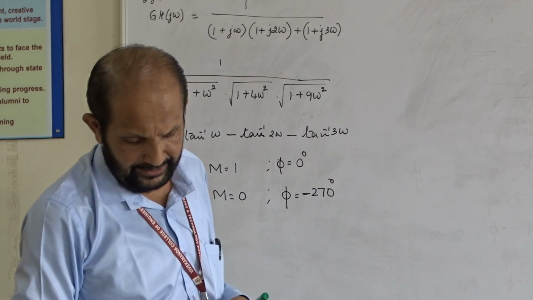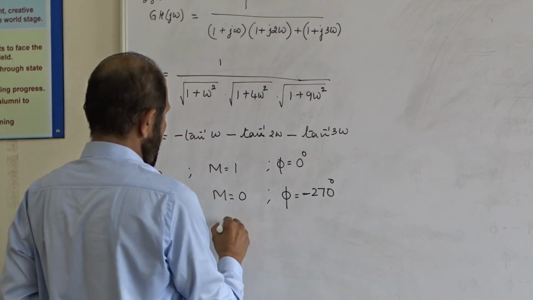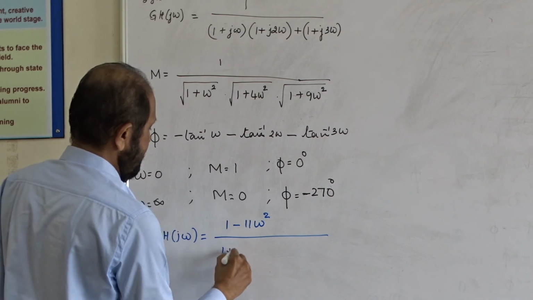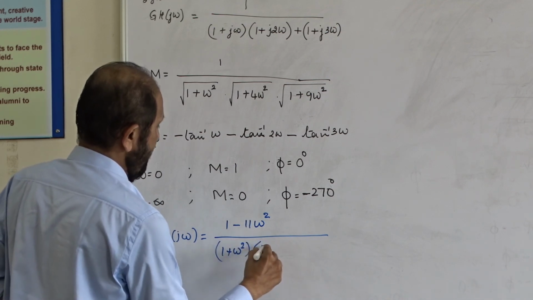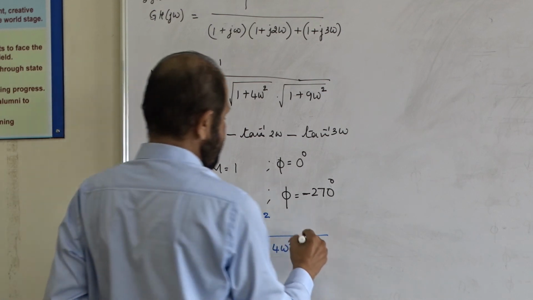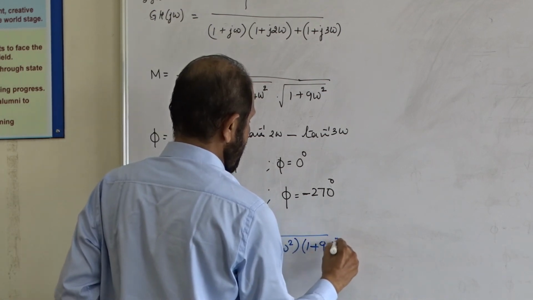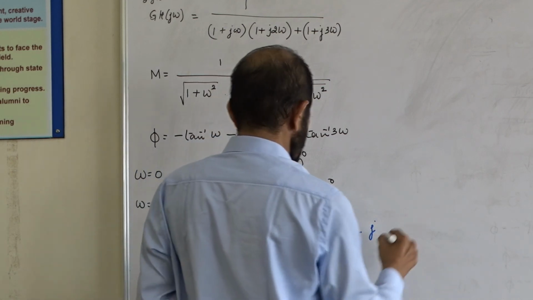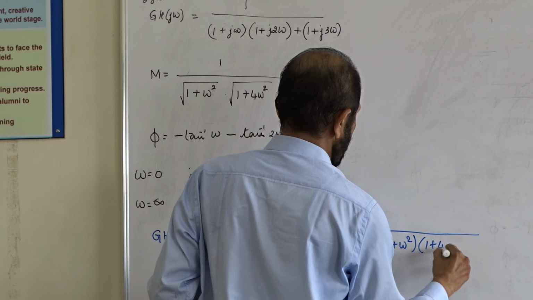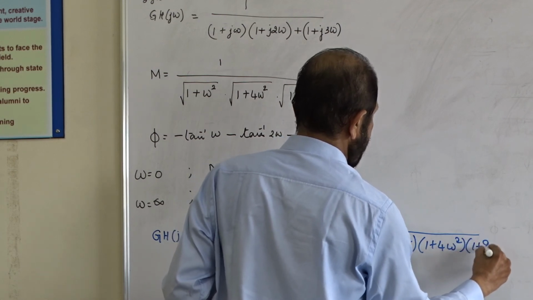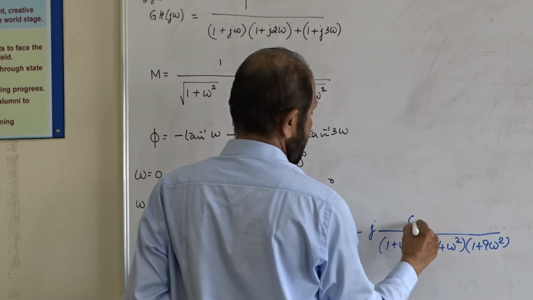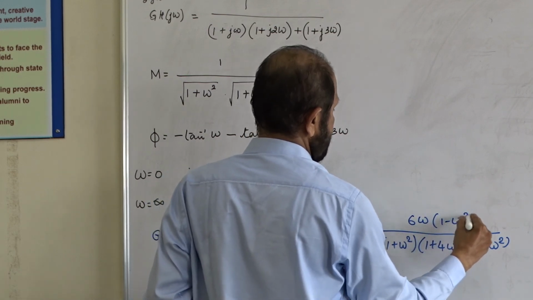If you multiply, you get 1 minus 11 omega square divided by 1 plus omega square, 1 plus 4 omega square, 1 plus 9 omega square, minus j, the denominator remains the same, 1 plus omega square, 1 plus 4 omega square, 1 plus 9 omega square, and in the numerator you get 6 omega, 1 minus omega square.